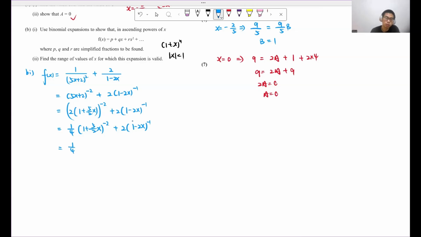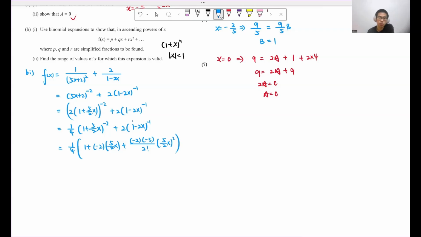So 1/4 stays the same, so apply the formula 1 + nx. So n is negative 2, and in this case, x is 5/2 x. And then plus n times (n - 1), which is negative 3, over 2 factorial, times (5/2 x) squared.